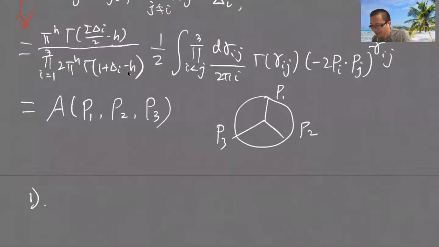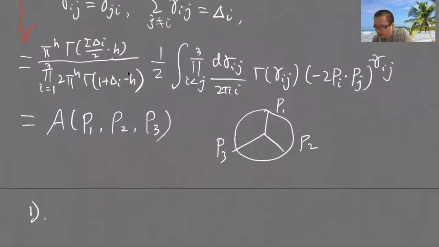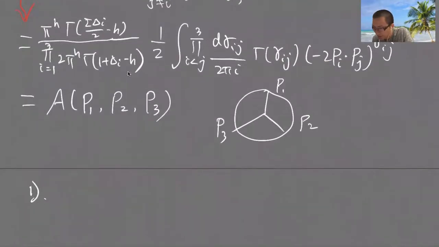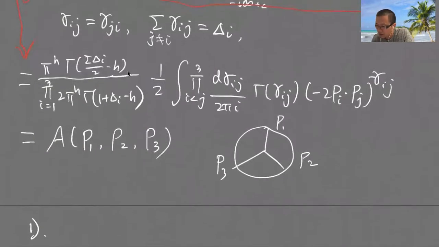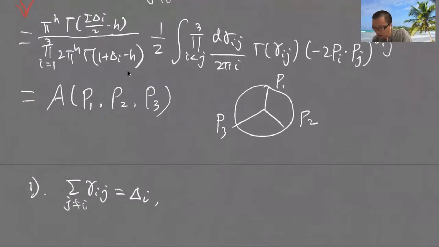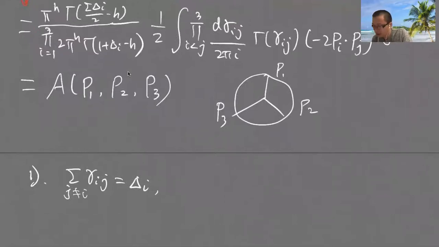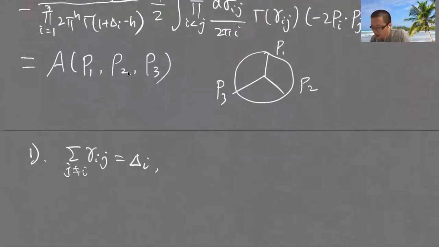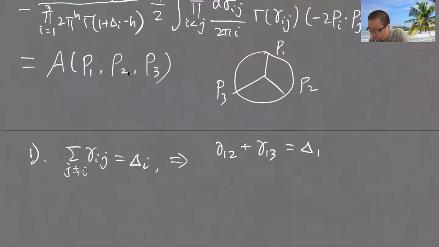In this case, as we said, gamma ij is constrained by this condition. Let me write this out. What does this mean? Gamma 1,2 plus gamma 1,3 equals delta 1.